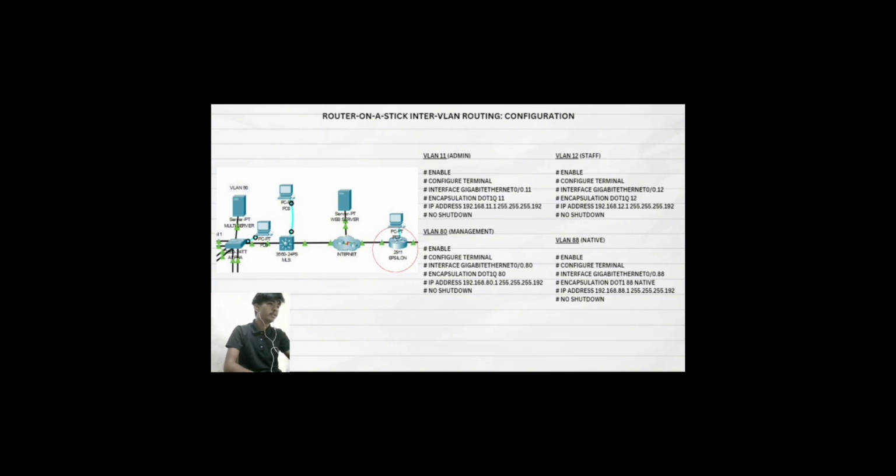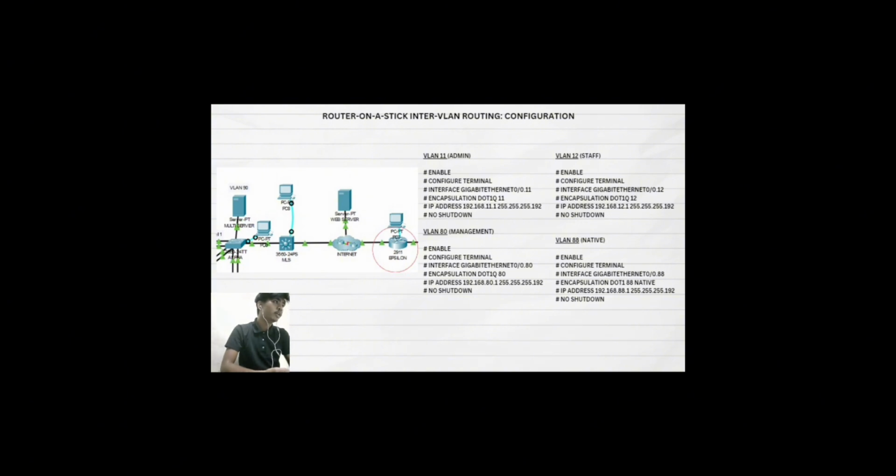But the main difference is the number of their interface VLAN, the number after the dot1q, and then their IP address. But for VLAN 88, it is a bit different because at the encapsulation dot1q 88, after the 88, it has the word native.